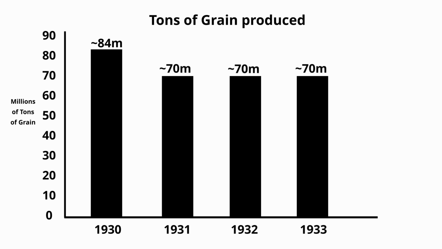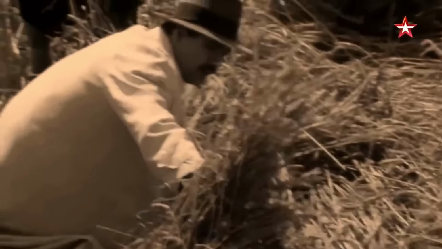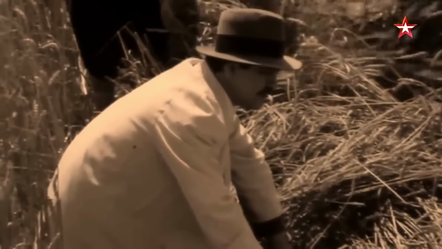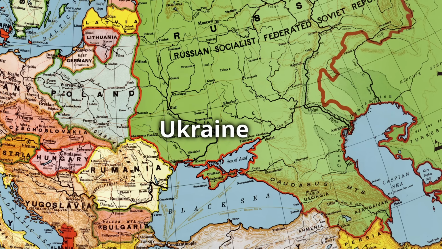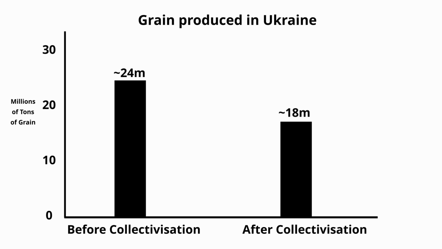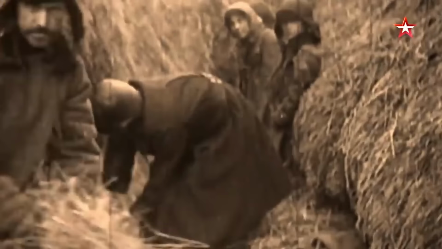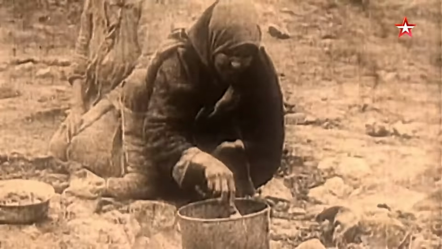Essentially, food production fell from about 84 million tons in 1930 to 70 million tons in the next 3 years. However, in particular regions, the drop was much more severe. Particularly badly hit was Ukraine. There, production fell by an enormous 25%, from about 24 million tons to 18 million.